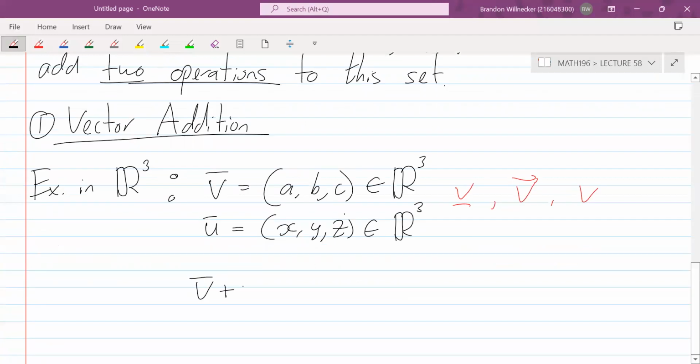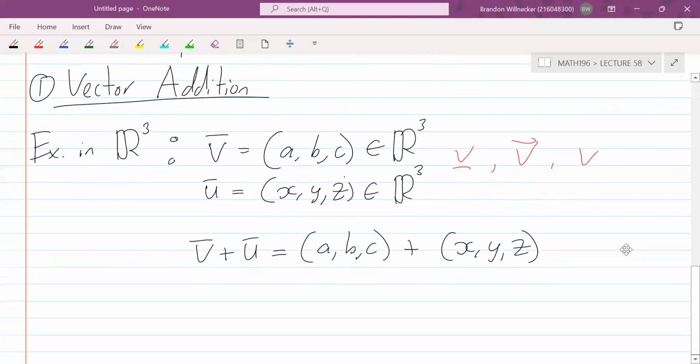V plus U is going to be this (A, B, C) element plus the (X, Y, Z) element. What we do is we add them component-wise, or element-wise or point-wise. You might hear those phrases.